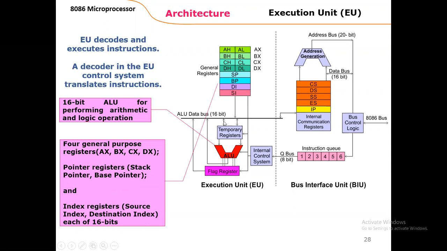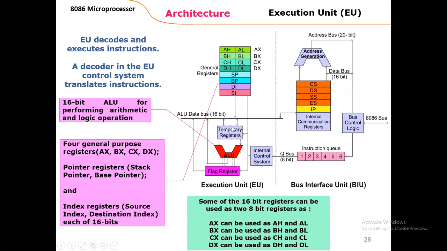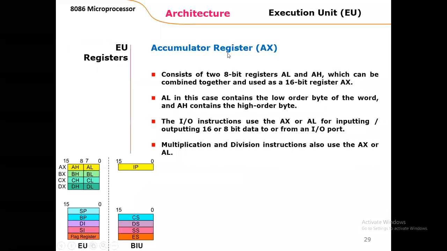A 16-bit register is named AX, BX, CX, DX, and if 8-bit, then AL, AH, BL, BH, CL, CH. We have discussed the execution unit registers.